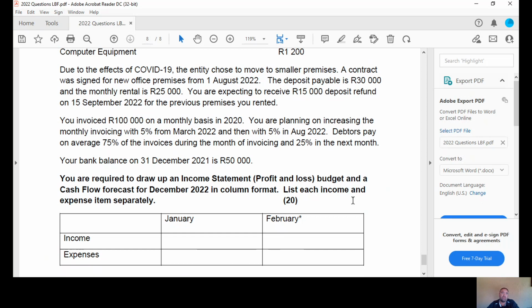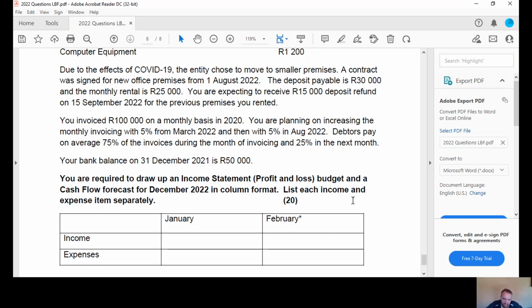And the monthly rental is 25. So up to July, you're going to have the monthly rent of 32, and then it's going to decrease from August onwards to 25. And then it also says you are expected to receive a 15,000 deposit refund. So again, that doesn't go into the budget because it's not income. It's merely a refund of my previous deposit. So that's only a cash book entry.